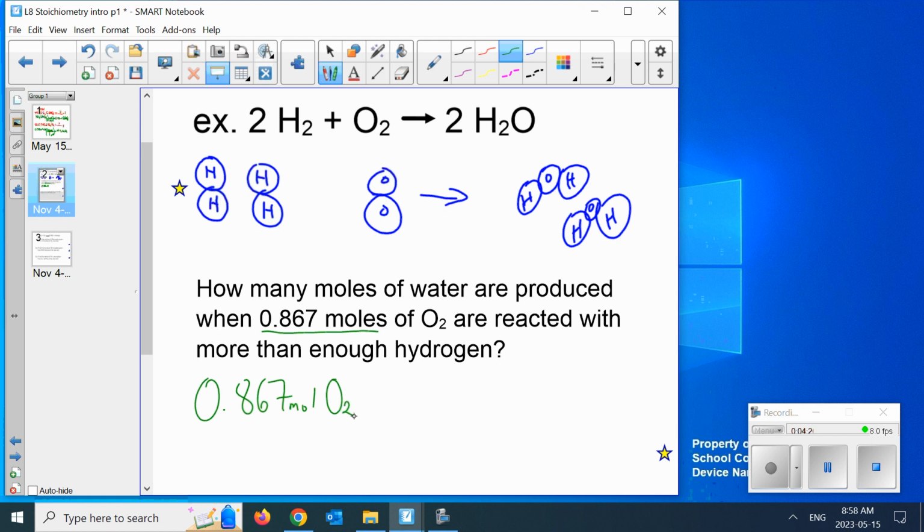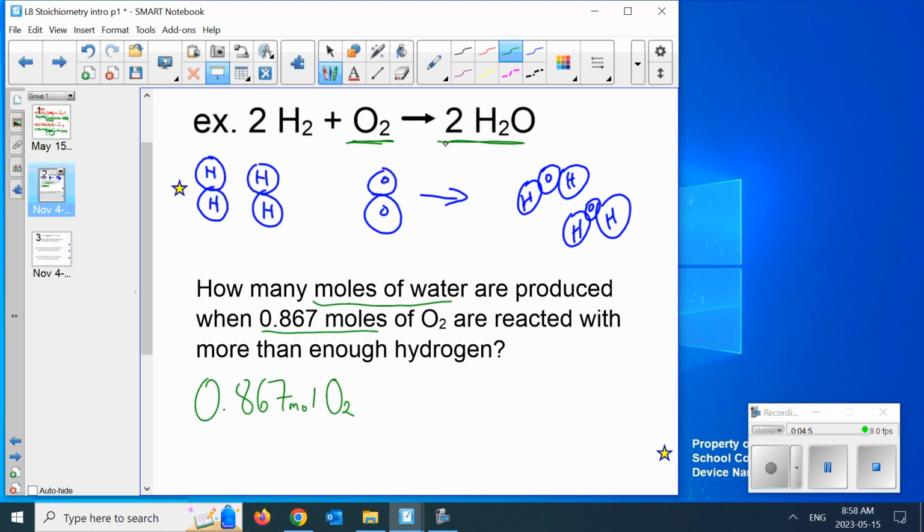So we want to find the moles of water. You've got to look at the balanced reaction, and I balance oxygen. We've got 1 oxygen. There's no number, you assume it's a 1. The 2 waters are made. For every 1 oxygen put in, you get 2 waters.